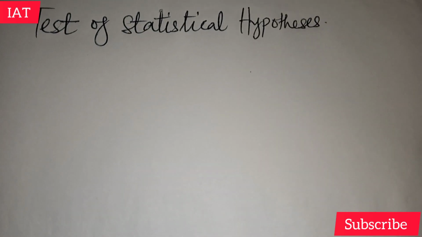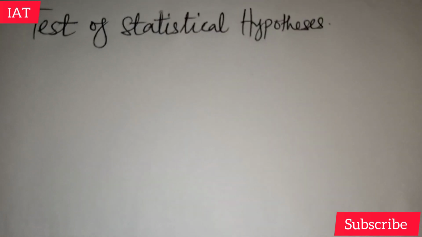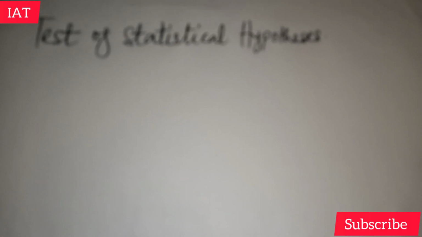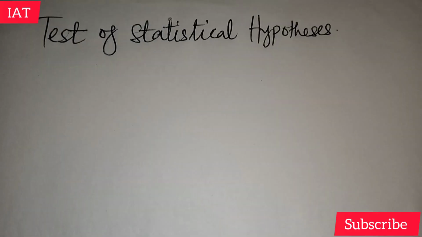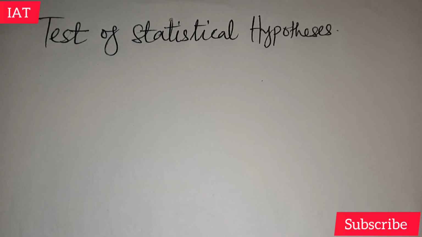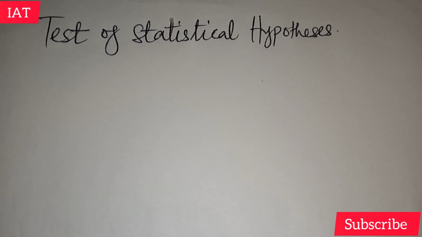That means this statement about the population may either be true or may not be true. But the important thing I need you to know is that there are a lot of parameters associated with this test of hypothesis. But keep in mind that test of hypothesis is also called test of significance in case of necessity.